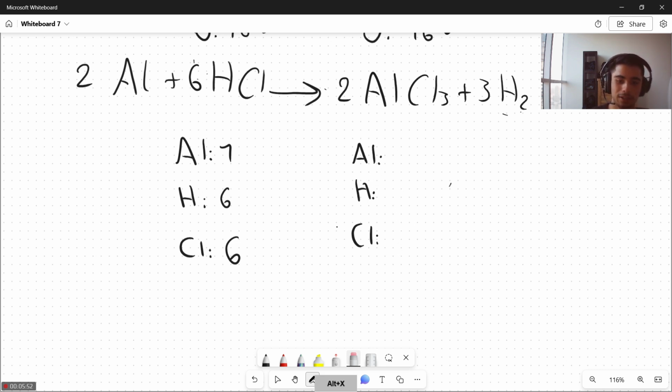Look at it, see how you can make the numbers the same, and just go from that side, like I followed my instincts. Right now I'll count it again. I have 2 of this. This is also 2. I have 6 of hydrogen and 6 of chlorine, and that is balanced. Yay, yay, yay. Emir has done it.